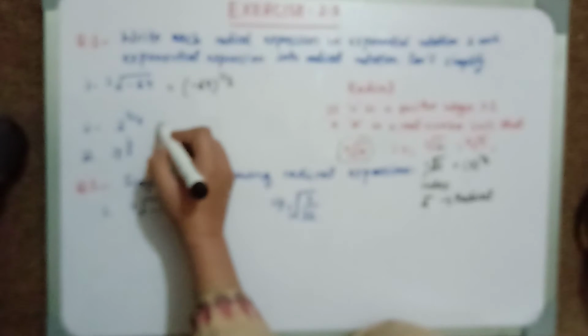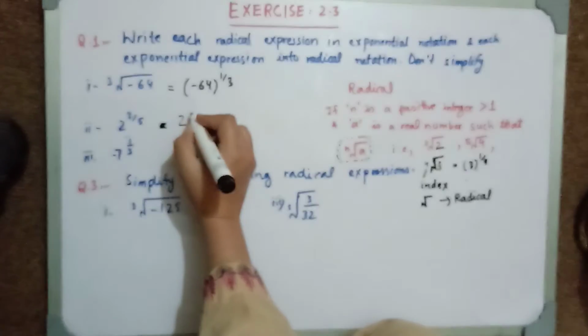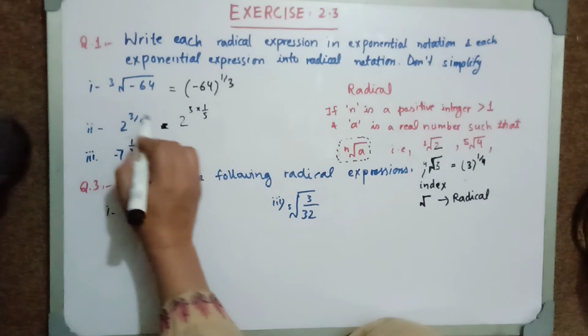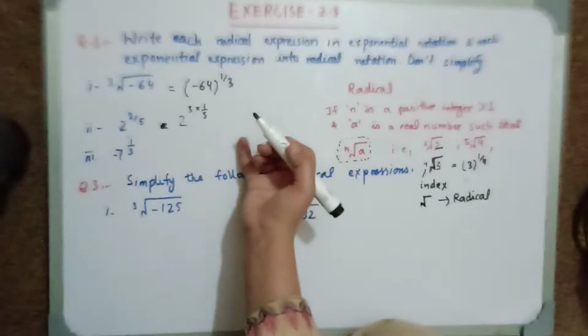Now let's see part 2, in which we have 2 raised to the power 3 by 5. So it means we are given an exponential expression, and we will convert it to a radical expression. First let's write it as 2 raised to the power 3 into 1 over 5. Let's add another step so that you can understand. I can write the power 3 by 5 as 3 into 1 by 5.